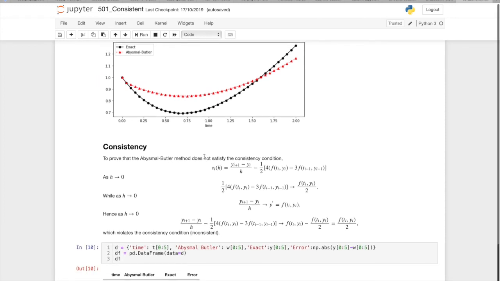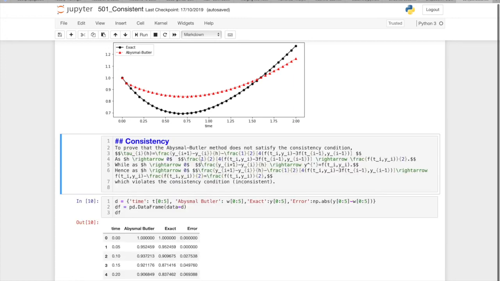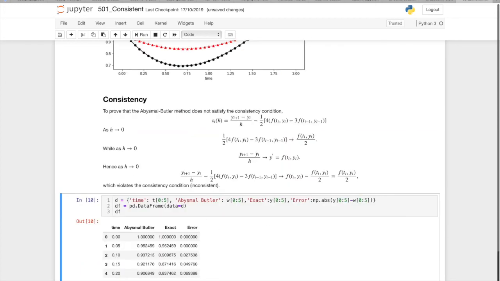So how do we prove that this method is inconsistent? To prove that the Abysmal Butler doesn't satisfy it, we have to show that tau_i(h), (y_{i+1} minus y_i) divided by h minus the right-hand side, or capital F, that's what capital F is, tends to 0 as h tends to 0, so that F should be equal to f. But what we find is, as h tends to 0, 4 times f(t_i, y_i) minus 3 f(t_{i-1}, y_{i-1}), all times a half, is equal to f(t_i, y_i) divided by 2.